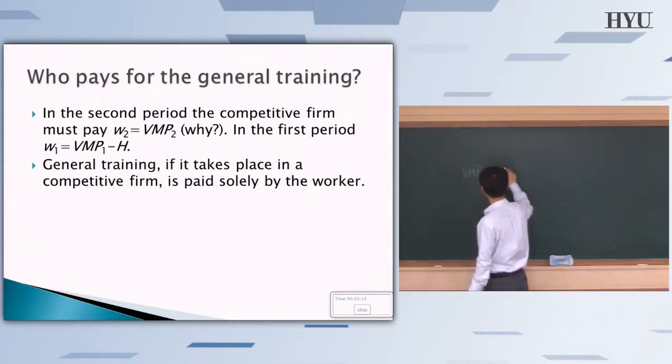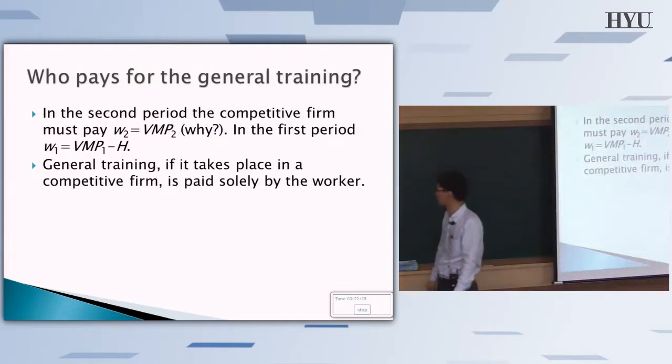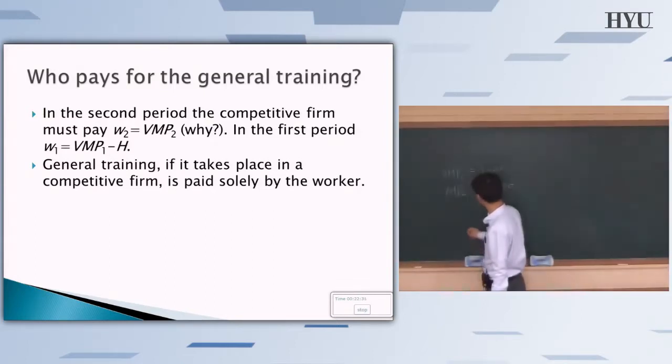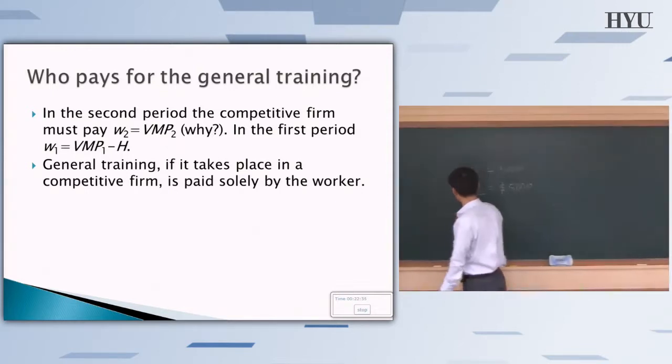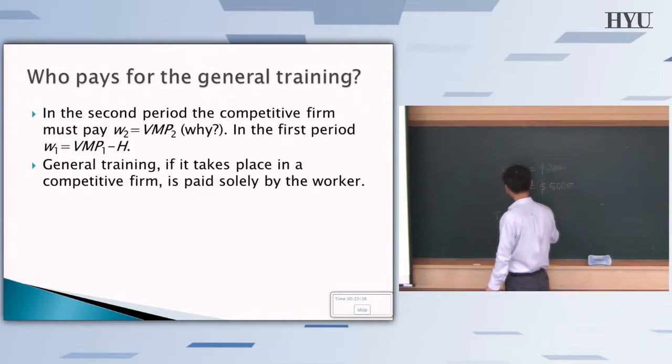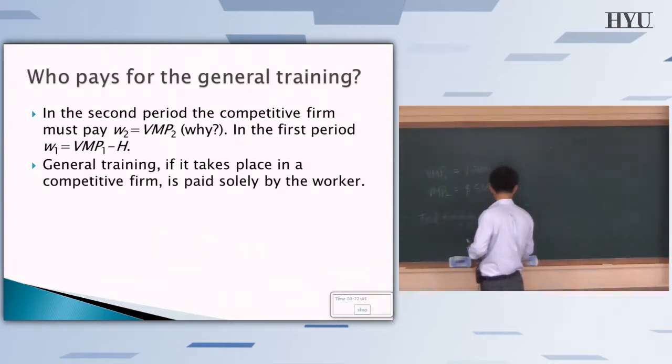VMP2 is, let's say, $5,000. And H, let's say the total training cost, is $1,000.